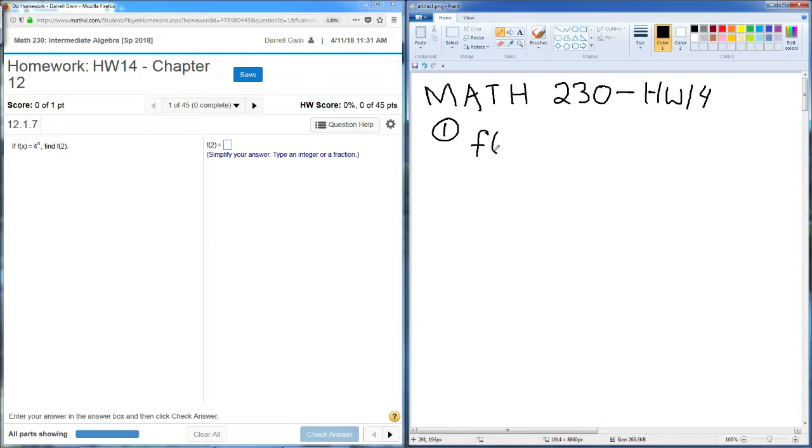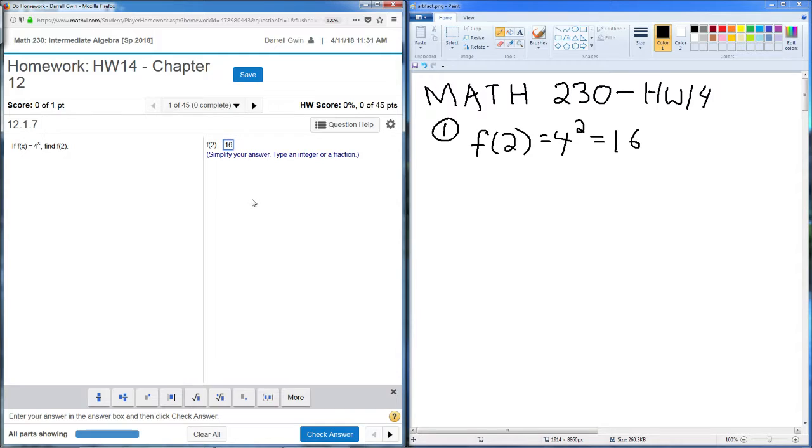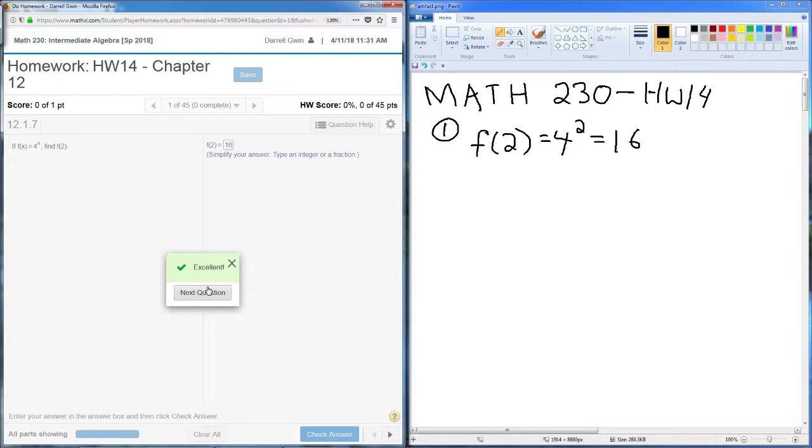So instead of writing x, I'm going to write 2 in that place. So f of 2 equals 4 to the power of 2. Replace all the x's with a 2. And 4 squared is 16. 4 times 4 is 16. Not too hard, hopefully.